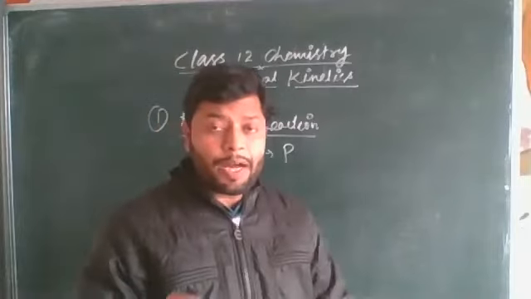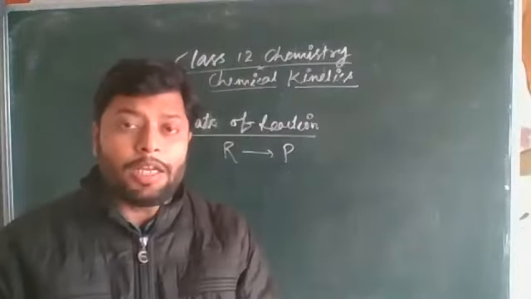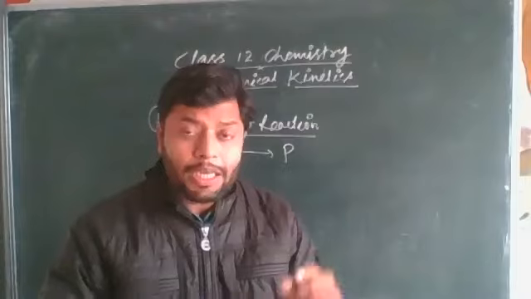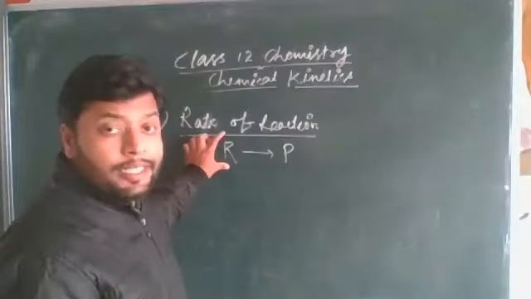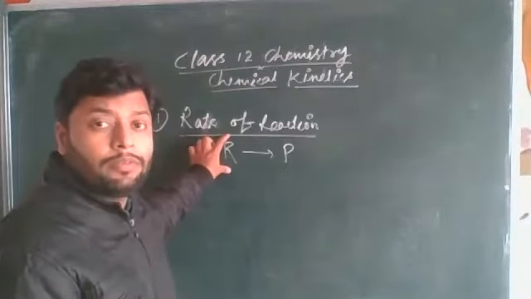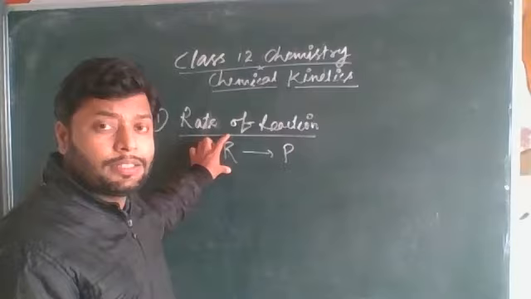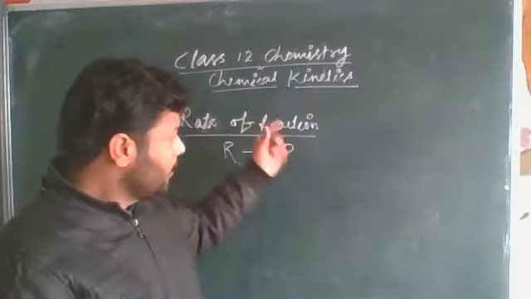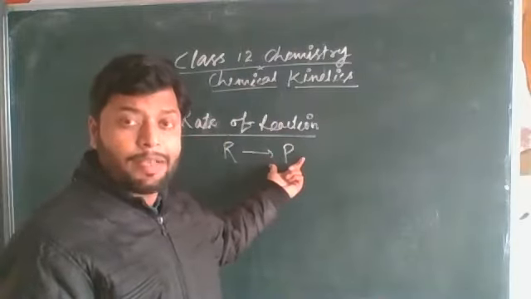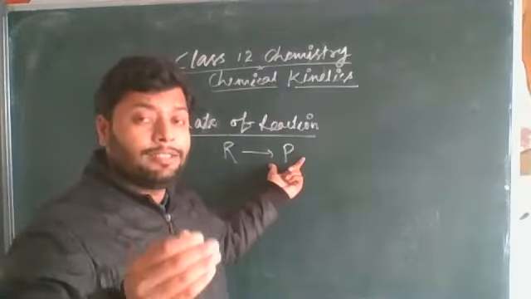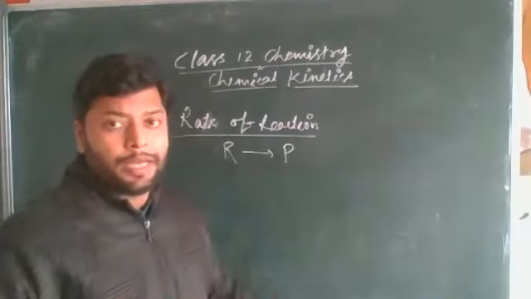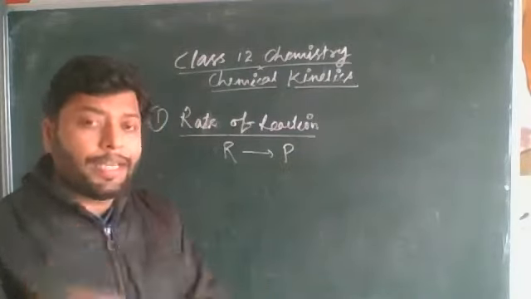The rate of the reaction for any time interval we can define on the basis of the disappearance of the concentration of reactants per unit time, or we can explain it on the basis of the appearance of the concentration of product per unit time. Suppose we have two different times.